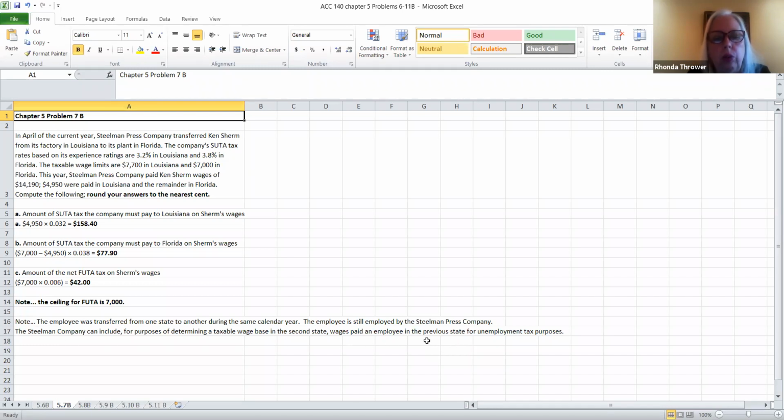So this is the rule here that you have to realize if you are transferring an employee from one state to another.